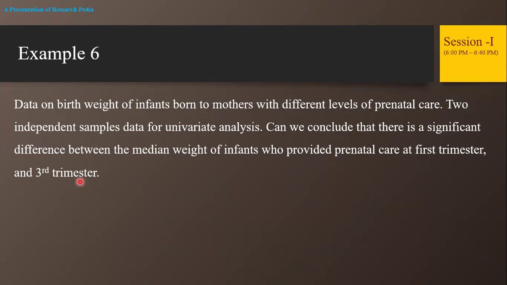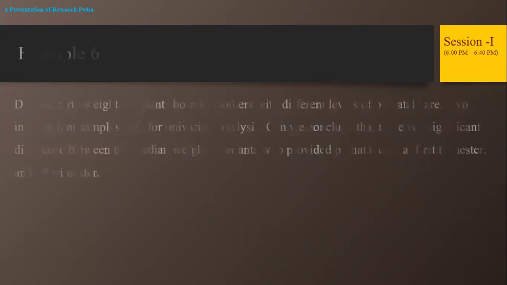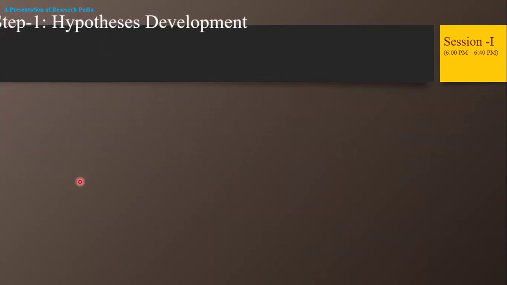So we need to consider two categories of parental care on the weight of their child. Is there any difference between the weights of infants if they were provided first trimester care or third trimester care? So how can we do it?